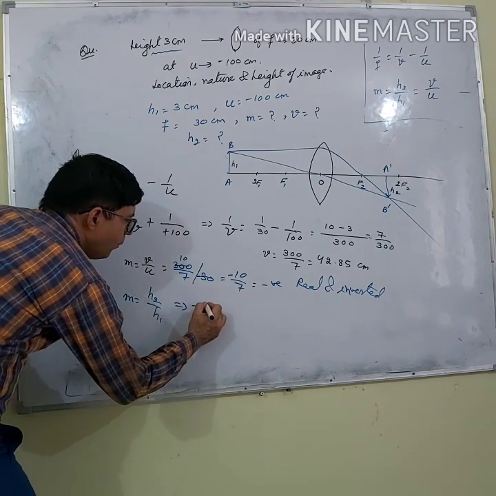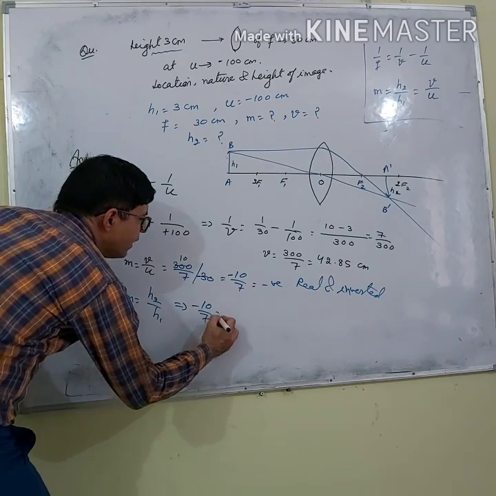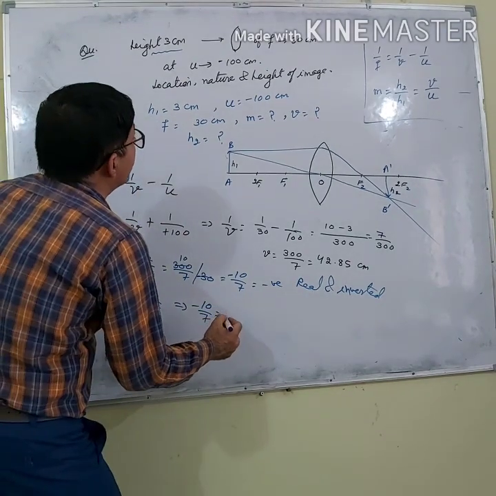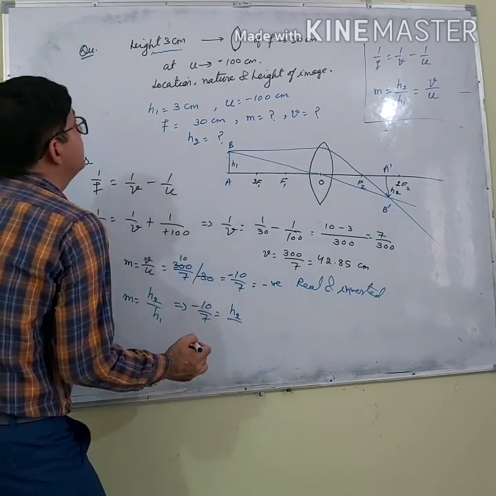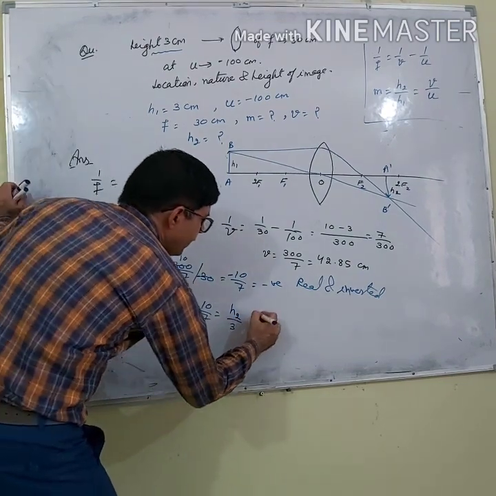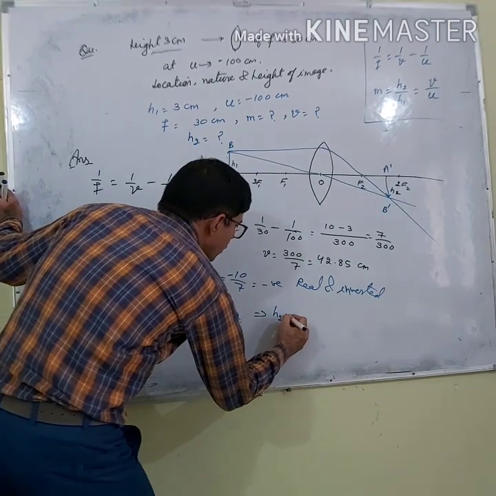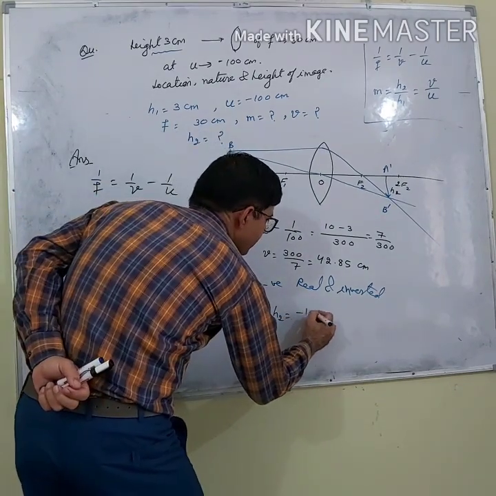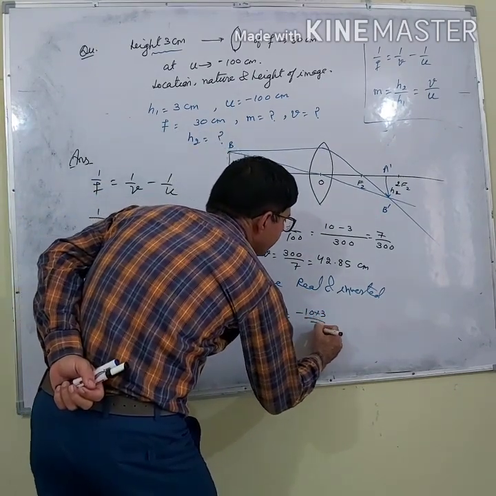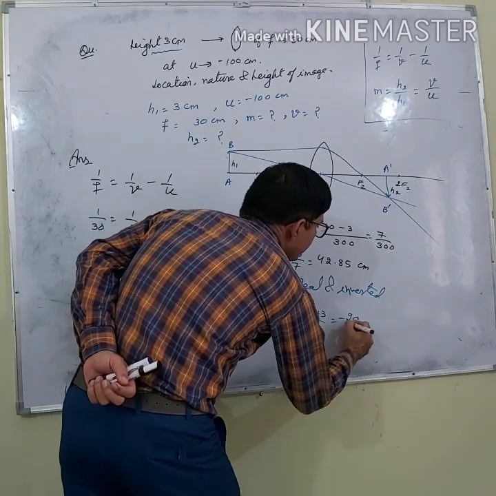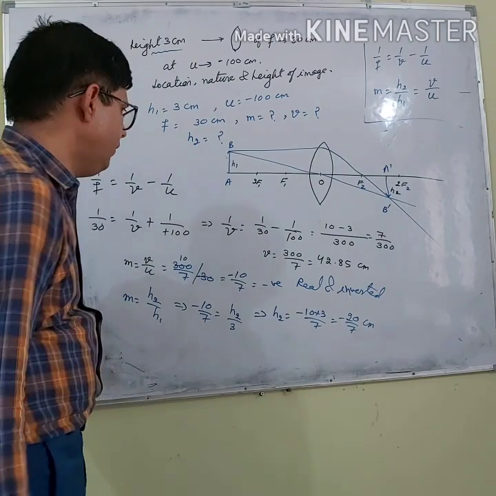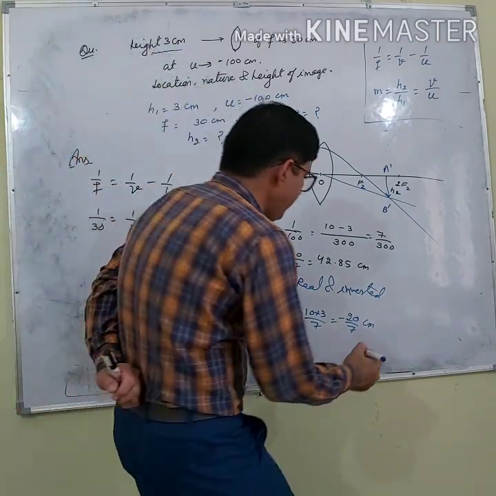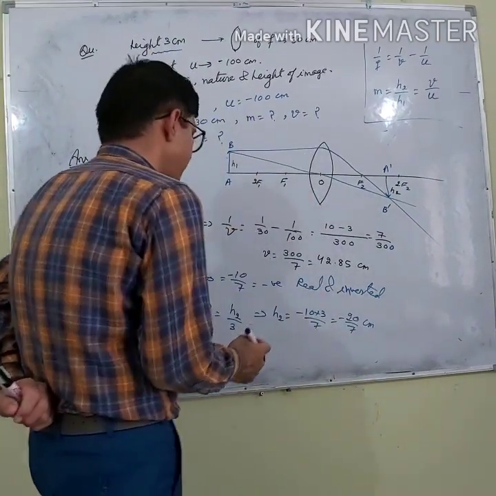It means minus 10 over 7 equals H2 by H1. I have to calculate H2. What is H1? 3 centimeters. So what is H2? Minus 10 by 7 times 3, minus 30 by 7 centimeter. If you try to solve this, how much will it be? Minus 30 by 7.